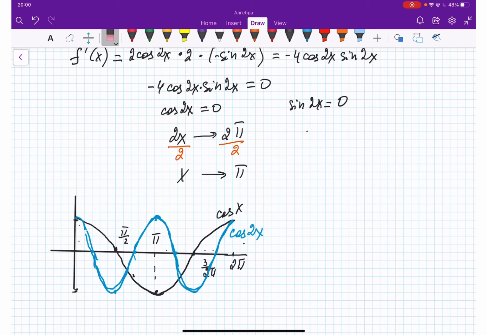So we fit in two waves because we have cosine 2x. The coefficient of x shows how many waves will fit in one period, 2 pi. So the period is going to be twice as short, 1 pi, because you have two waves in 2 pi.